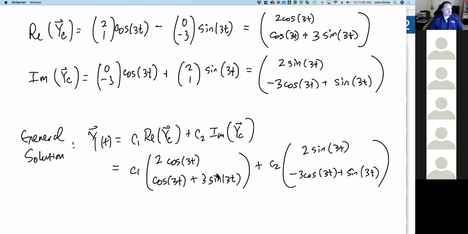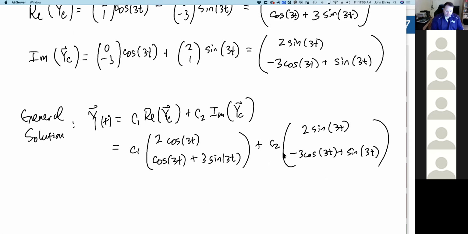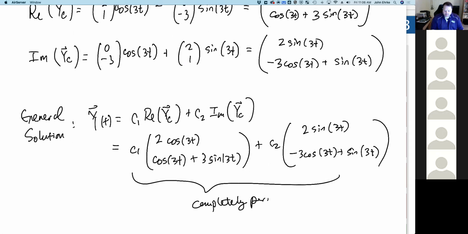Whatever path the linear combination of these two vectors traces out for 0 to 2 pi, it'll be the exact same path for every multiple 2 pi interval from then on. That's why this is a completely periodic solution.